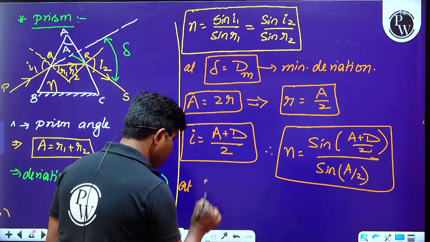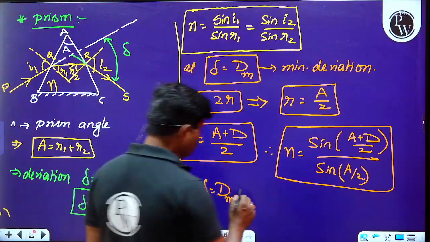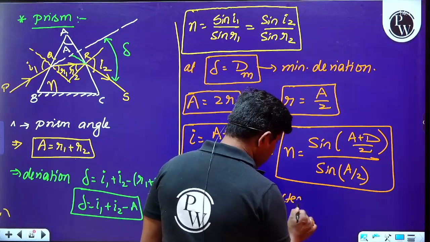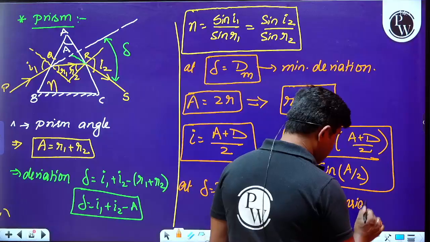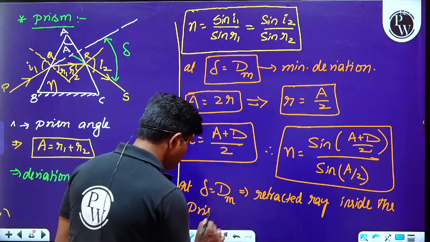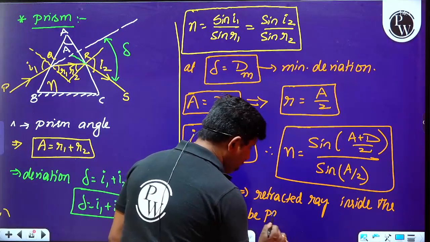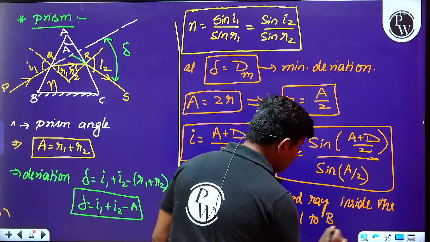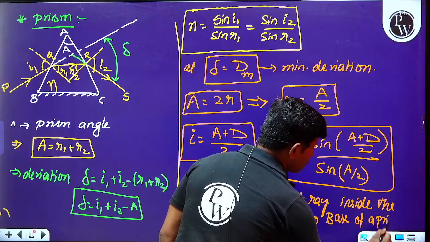And one more thing, at deviation equal to minimum deviation, the refracted ray inside the prism will be parallel to the base of the prism.